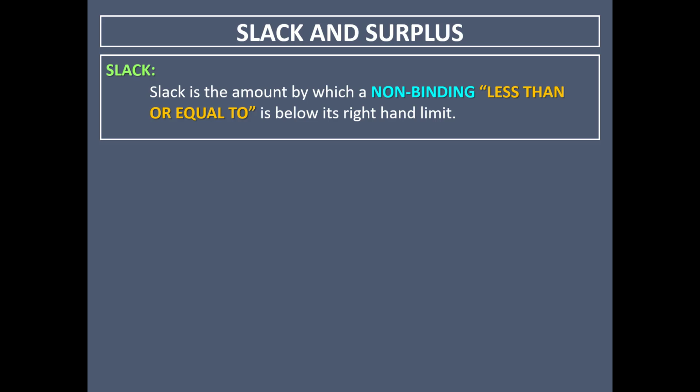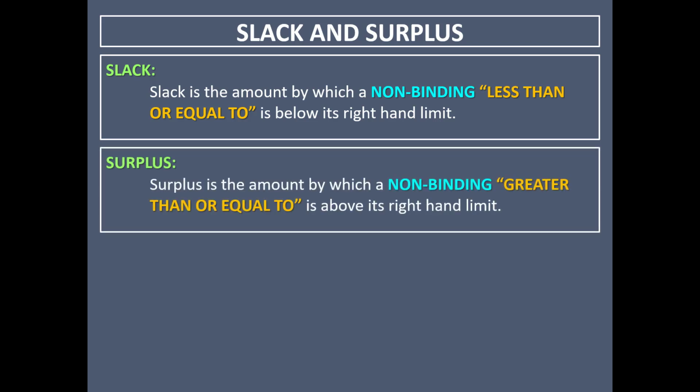Whereas surplus is the exact same thing, however, it is for a greater than or equal to constraint. So again, this can only exist on a non-binding constraint, and for a greater than or equal to constraint, it means that I've used more than that minimum requirement.